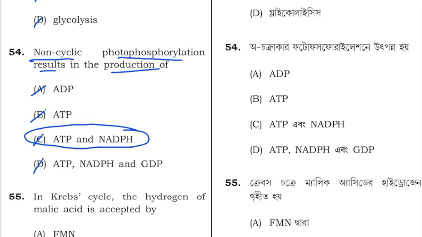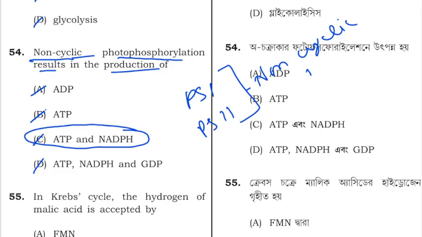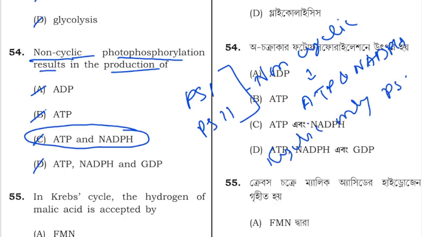During non-cyclic phosphorylation, PS1 and PS2 both are involved, so that leads to formation of ATP and NADPH. Whereas in case of cyclic, only PS1 is involved, and that leads to the production of only ATP. No NADPH is produced. So option C is correct.